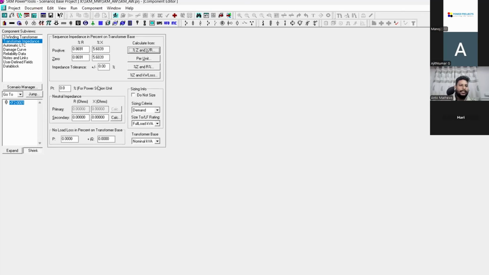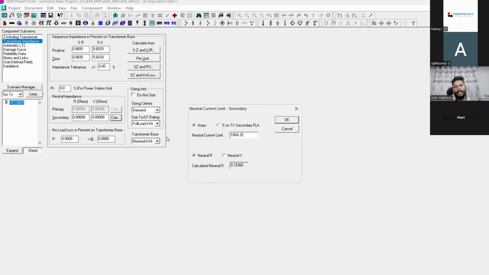After this, the neutral impedance. If I'm resisting any neutral current with an NGR, I will be modeling it here. If I'm going to resist my current with respect to 400 amps, I'm going to consider the NGR.